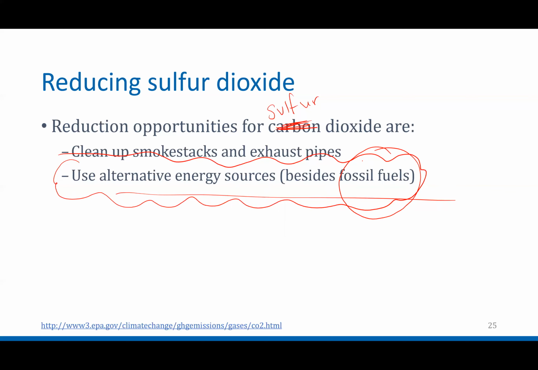So it's not just carbon and hydrogen that are products. I was going to say adverse products or bad products from the burning of fossil fuels. But this is a really good answer. If I ask you how we reduce this gas, you could always just say, well, we could reduce our dependency on fossil fuels.